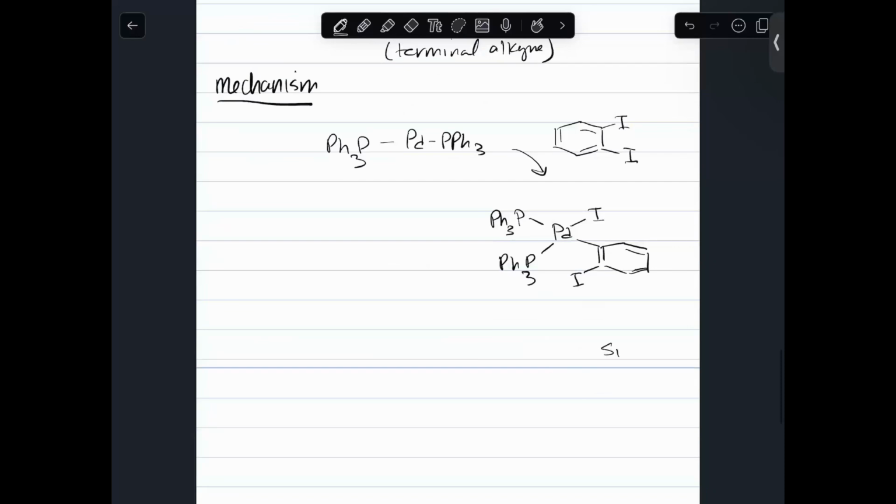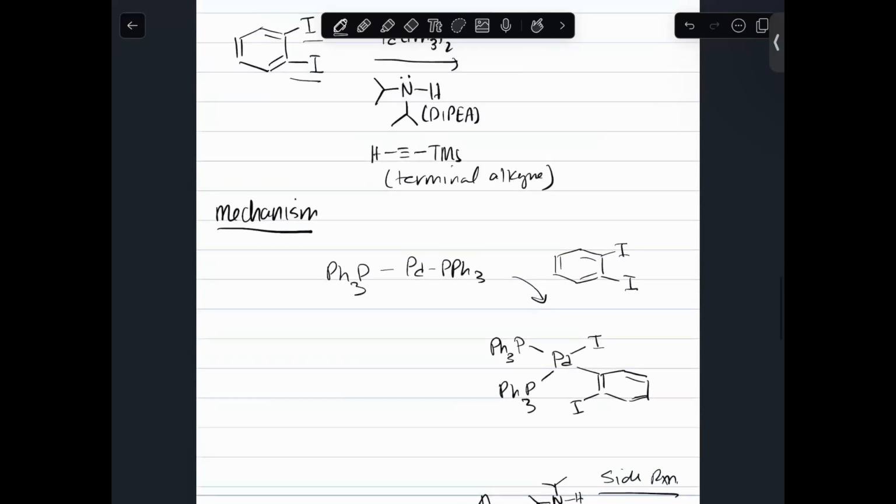Our side reaction is the terminal alkyne, where instead of a CH3 group, he has a TMS group. He treats it with his DIPEA base, deprotonates, treats it with, sorry, he used copper bromide.